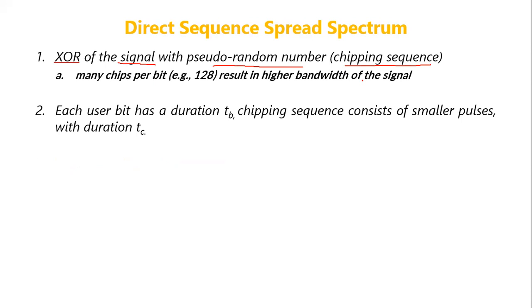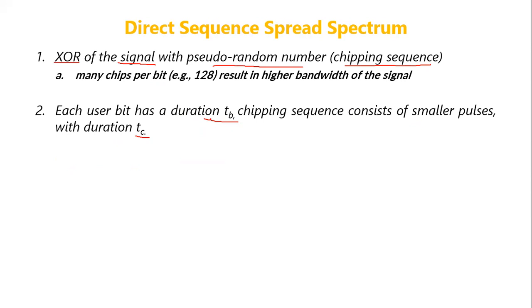Here, each user bit has a duration of TB, meaning the width of the clock pulse, and the chipping sequence consists of smaller pulses with a duration of TC. The point is that the clock pulse of the user bit will be larger than the clock pulse of the chipping sequence.